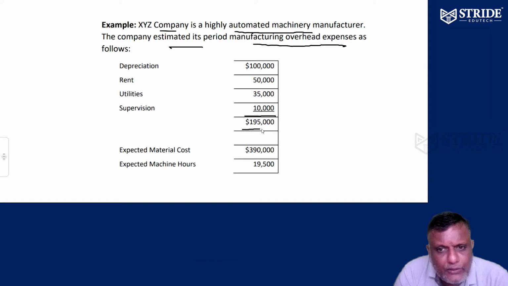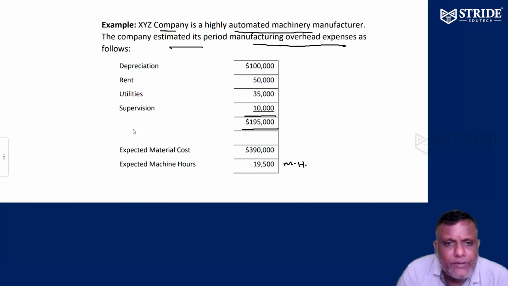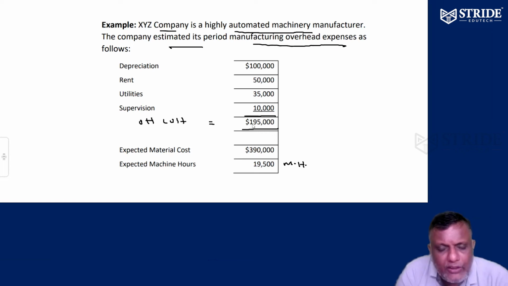The total is $195,000. Machine cost is $390,000, with 90,500 machine hours involved. These are the givens.